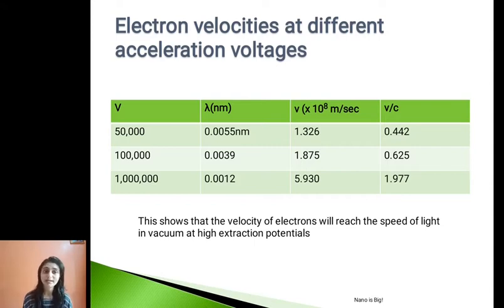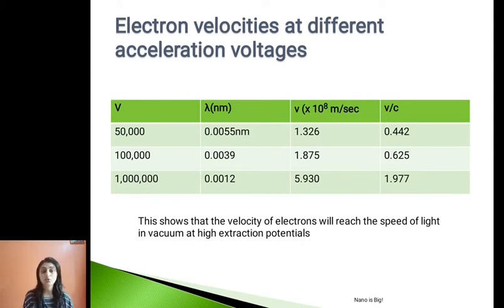If we apply 1 lakh, the v by c ratio is 0.625, and when we apply 10 lakh, we get a v by c ratio of 1.977, and the velocity is 5.930 into 10 raised to 8 meter per second. That means it is even exceeding the speed of light.